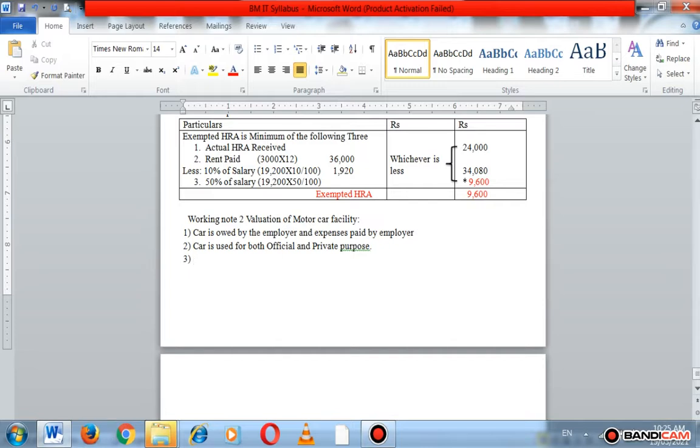Then third is car capacity, that is cc, the cubic capacity of the car.